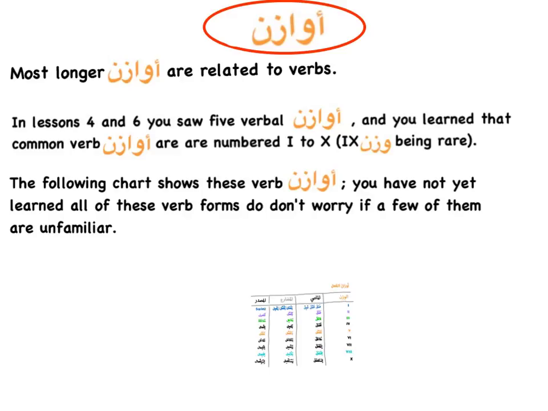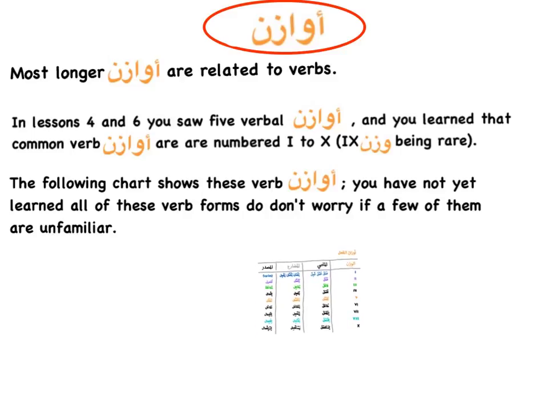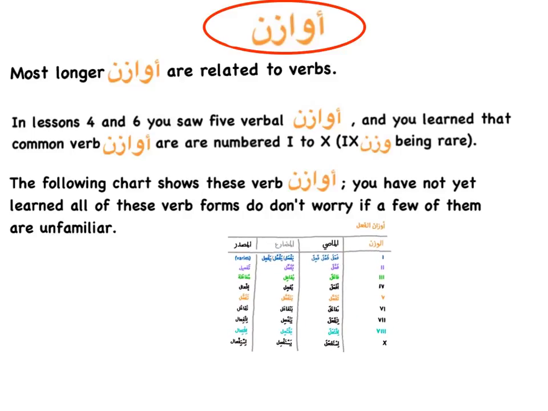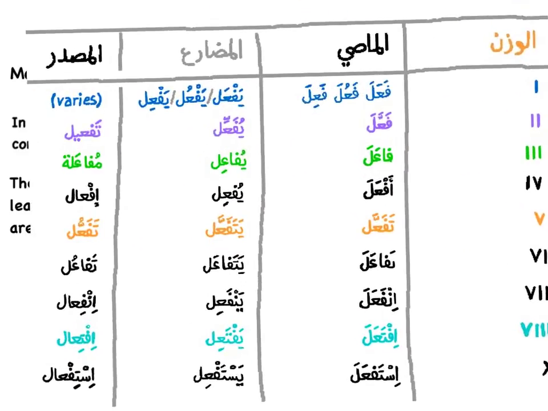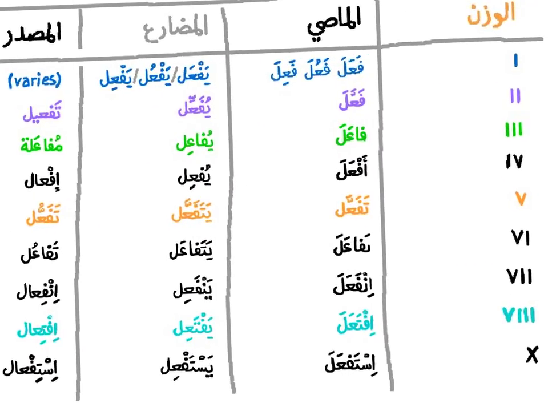The following chart shows these verb أوزان. You have not yet learned all of these verb forms. Do not worry if a few of them are unfamiliar. Look at the chart. Remember, we have أوزان from 1 to 10, excluding number 9 because it's rare to use.